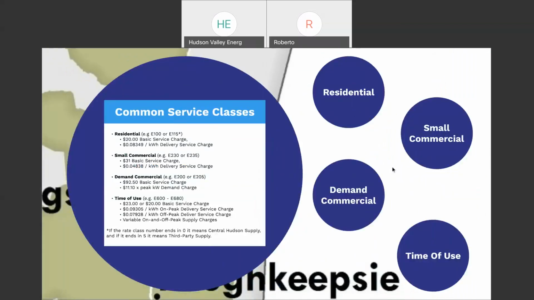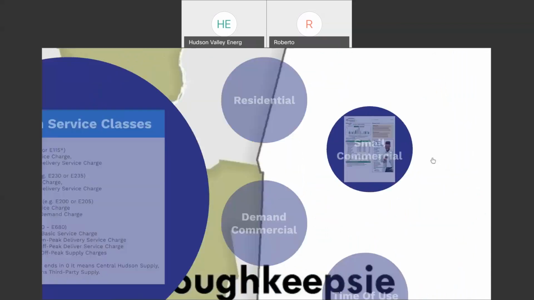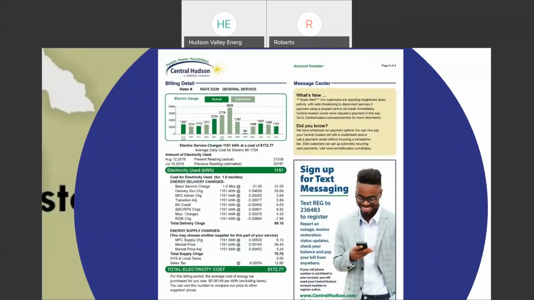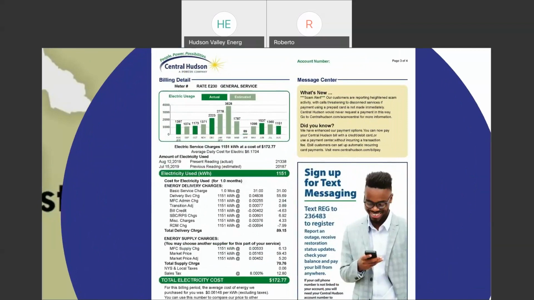For comparison, let's look at a small commercial bill. Here, you can see at the top of the page that the rate is E230. The even number means supply, which we can confirm below under the energy supply charges, with supply provided by Hudson, showing market price and MFC supply charges.